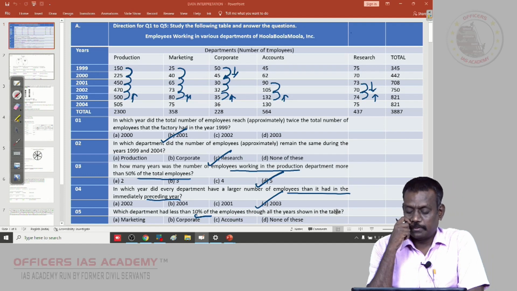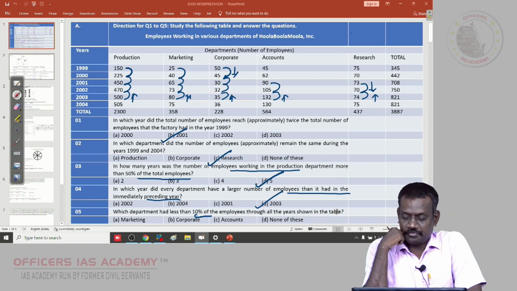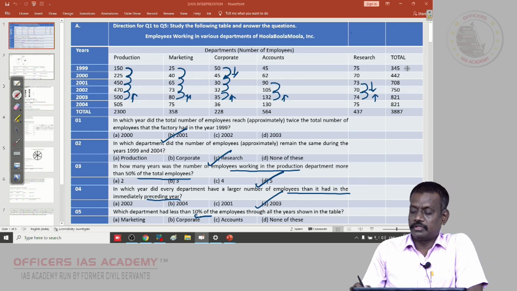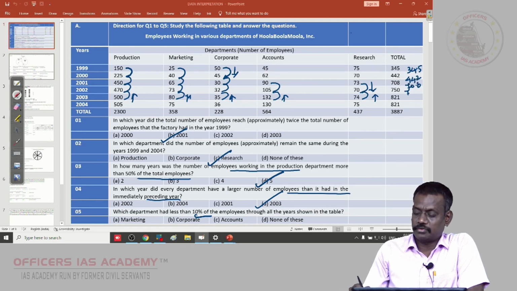So 10% of the employees means 10% of this 345 is 34.5, and this will be 44.2, and this will be 70.8, and this is 75, and this is 82.1, and that is also 82.1.